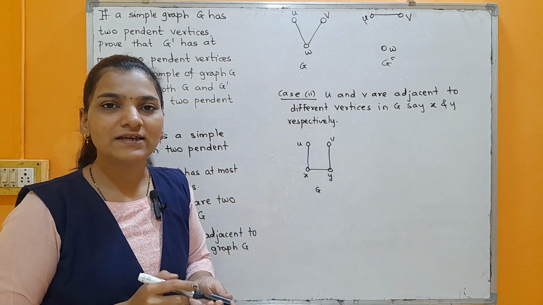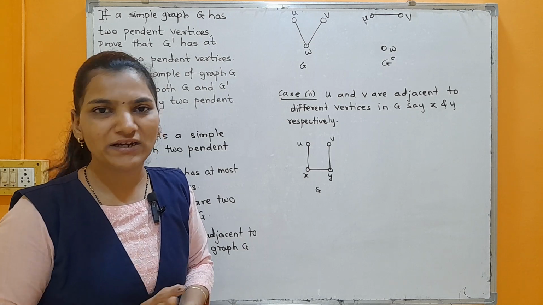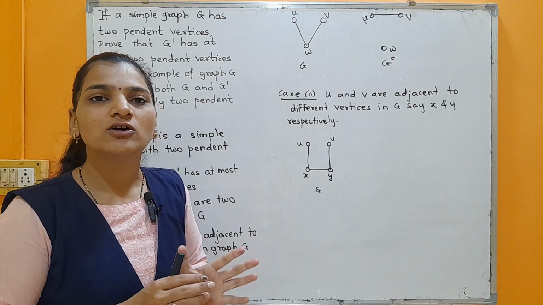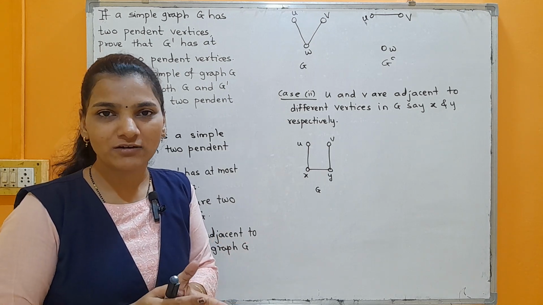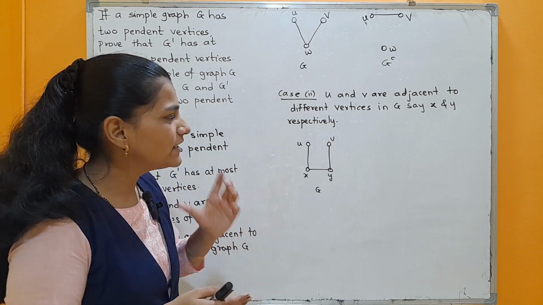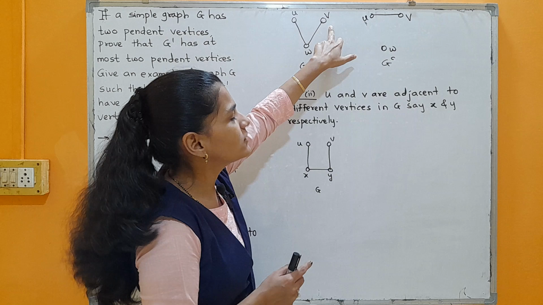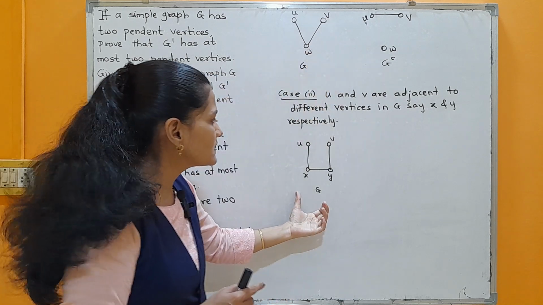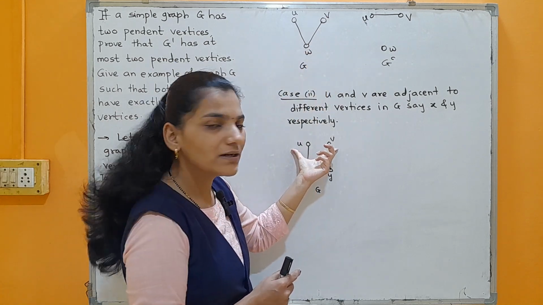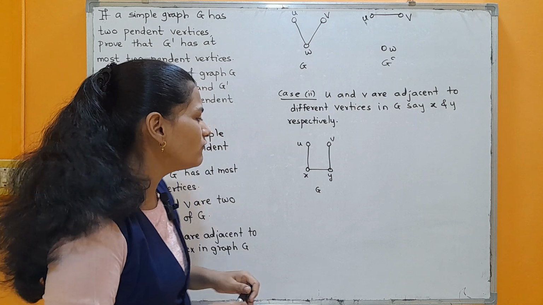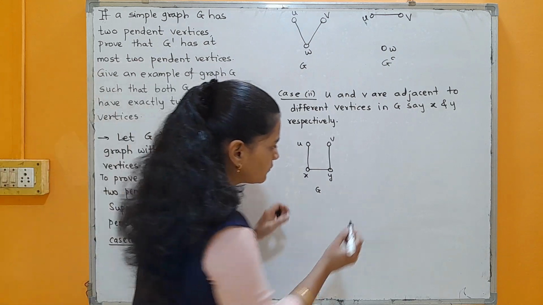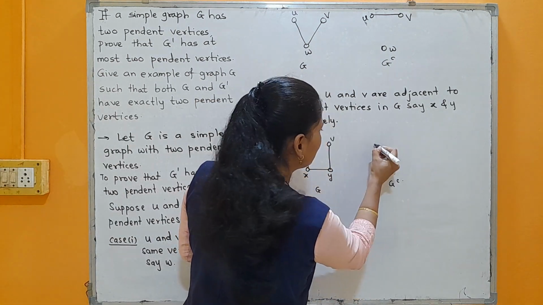We are given that in graph G there are two pendant vertices. That means there are no more than two pendant vertices in graph G. There are exactly two pendant vertices in graph G. So here we have considered two pendant vertices U and V, and in this case also we have considered only two pendant vertices U and V in graph G. So what is G complement?